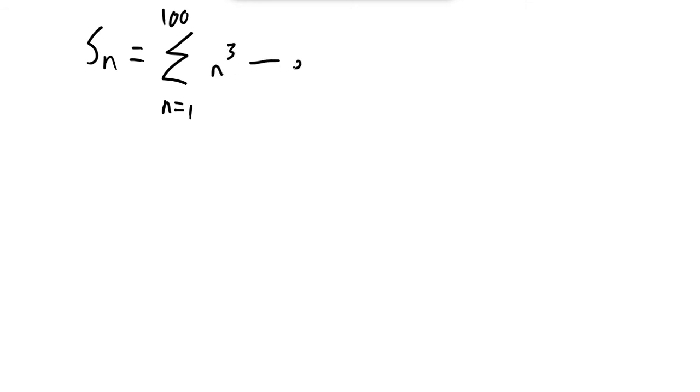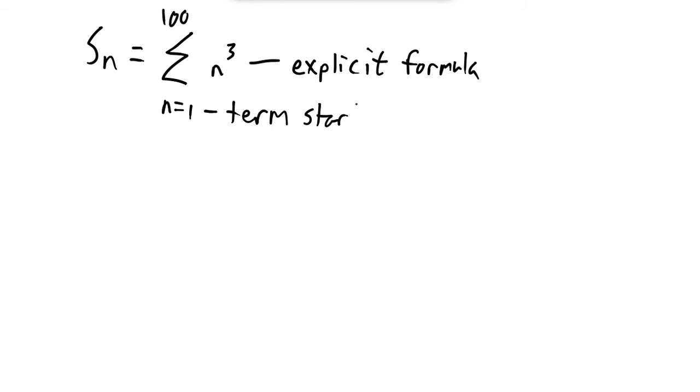This is your explicit formula for the series or the sequence. This is the term you're starting at. So this is your smallest term. And this is the term you're ending at. Now be careful, this doesn't mean that our first number is 1 and our last number is 100. This means we're starting on the first term and we're ending at the 100th term.